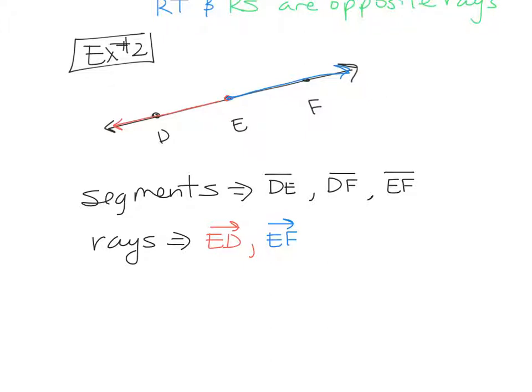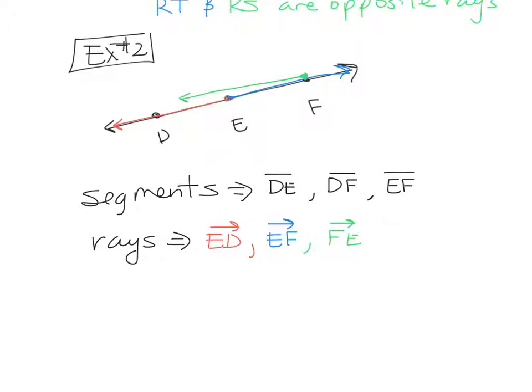What if F is my end point? What would it be? Ray FE, right, starts at F and goes this way. What about ray FD? It's the same ray, right? Because the line keeps going.